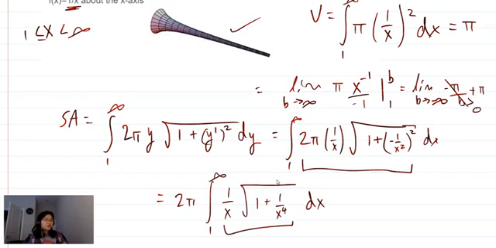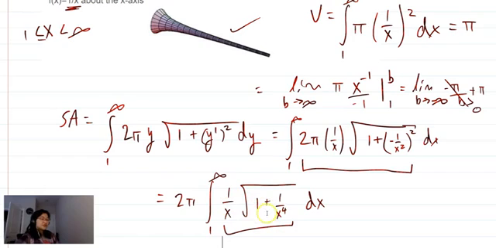So we have 1 plus 1 over x to the 4th. For any x value, what's in here is going to be a positive number greater than 1. So this is 1 over x, which we know diverges, times something else that we know is greater than 1.